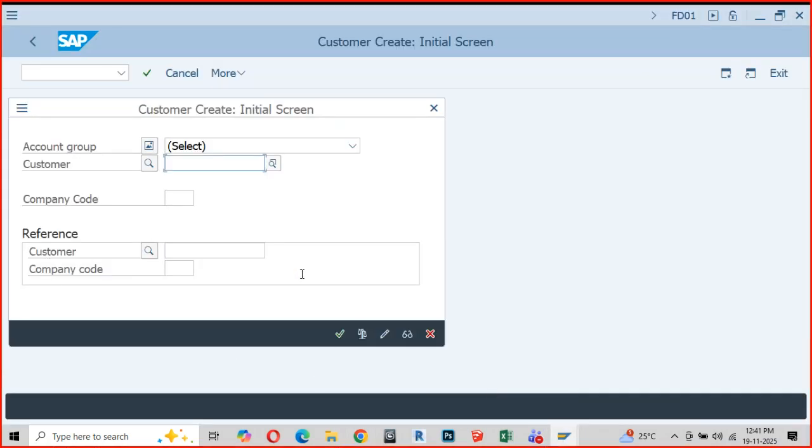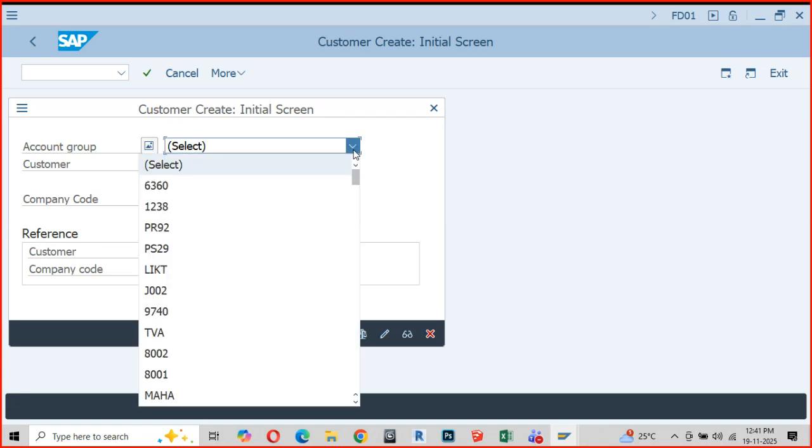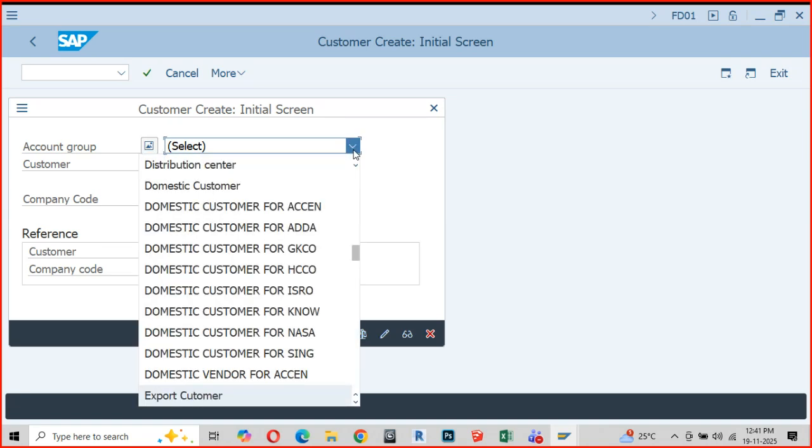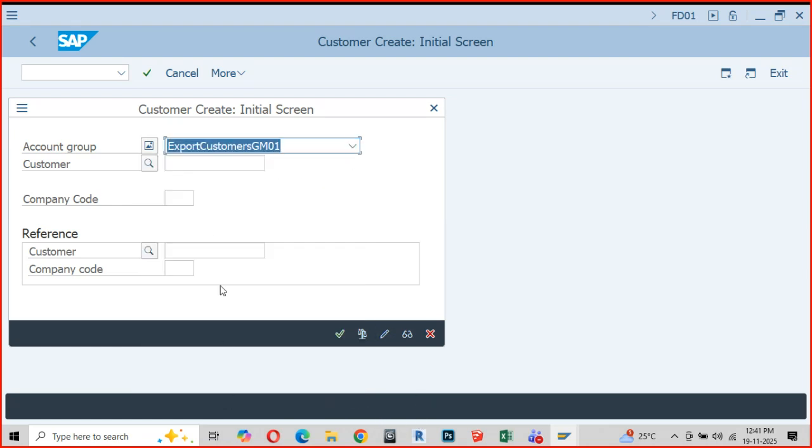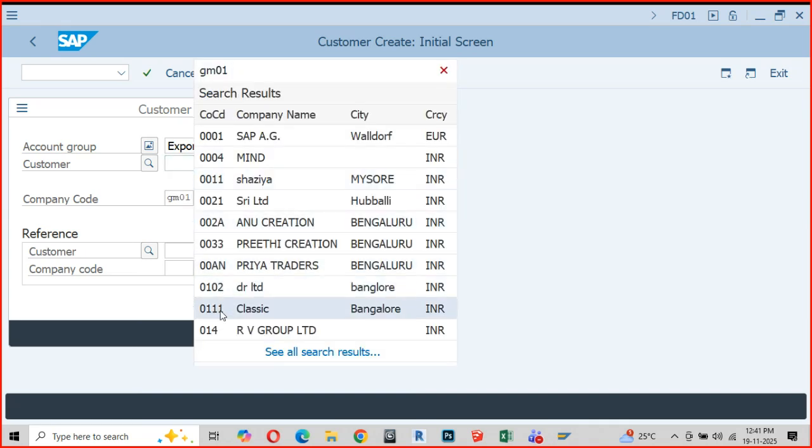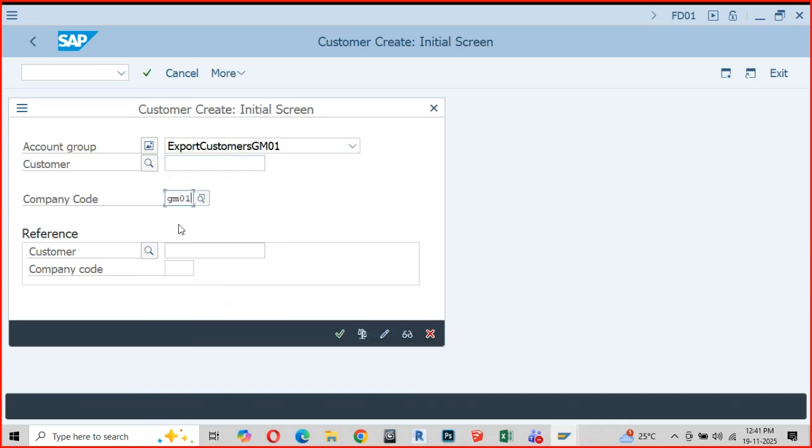To create a new customer, just like we made use of an existing general ledger account to create a new general ledger account, we make use of an existing customer. Since it is an internal number range, I am not going to give the number.